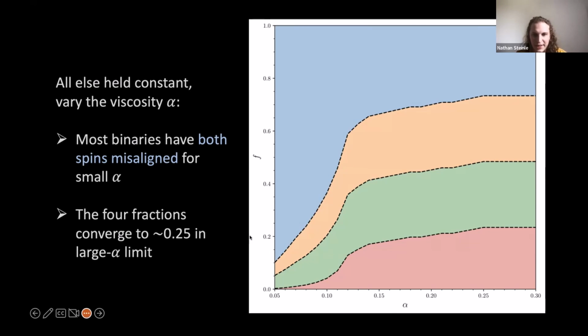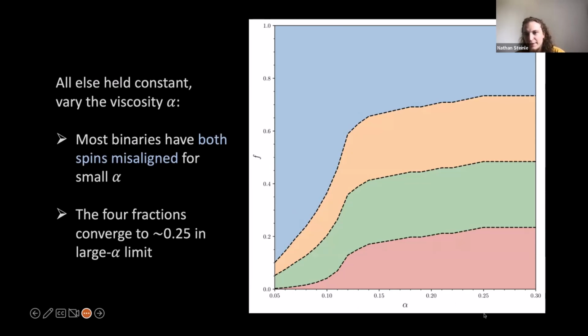And intuitively, just to finish it off, for low alpha, which is one of these controversial parameters, but if you take it with a grain of salt, that means you have low viscosity disks, and so they're more prone to breaking. And so the fraction of binaries that will encounter the disk breaking explodes. That's why the blue region gets larger.